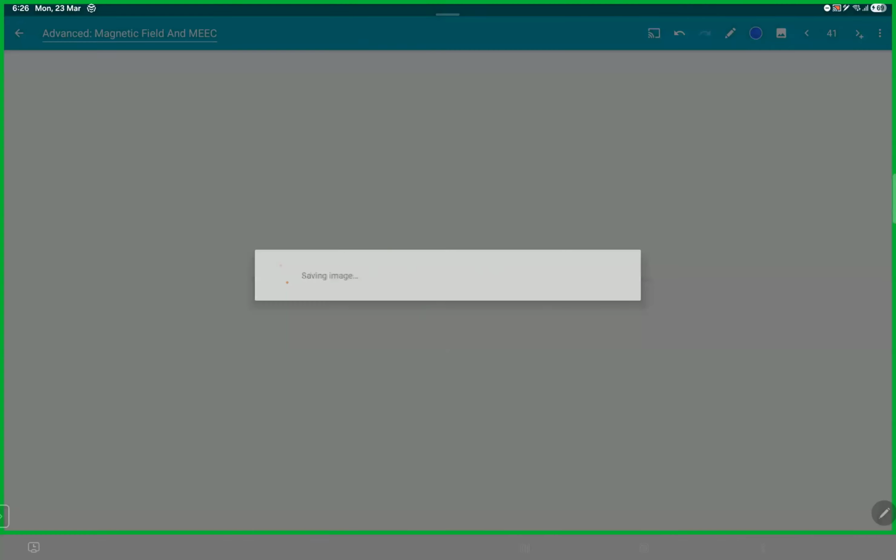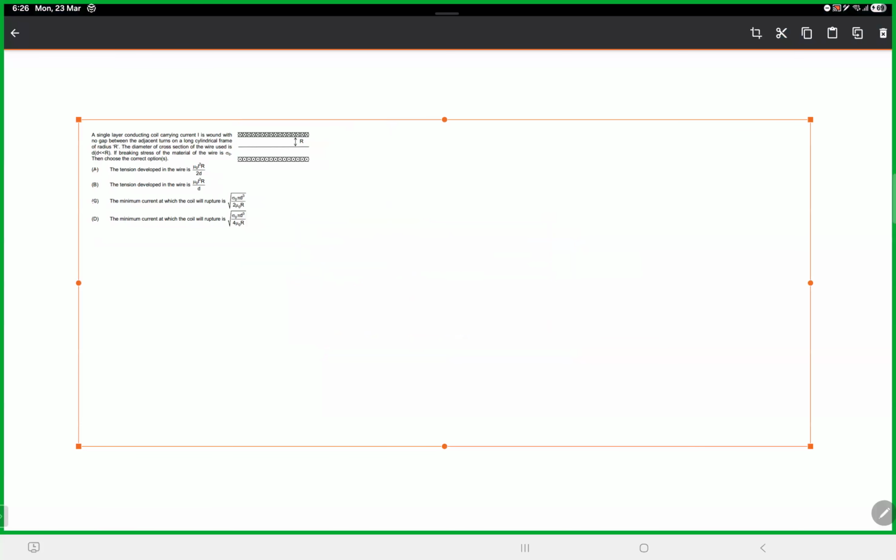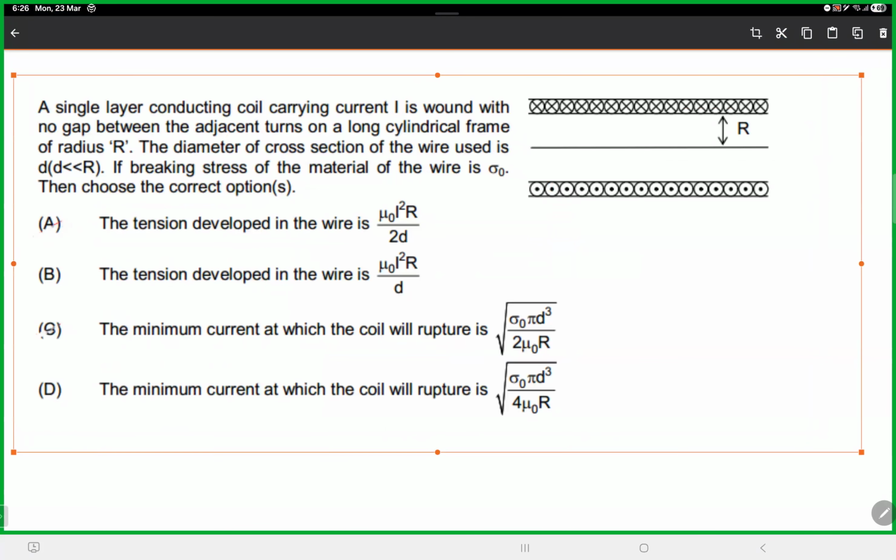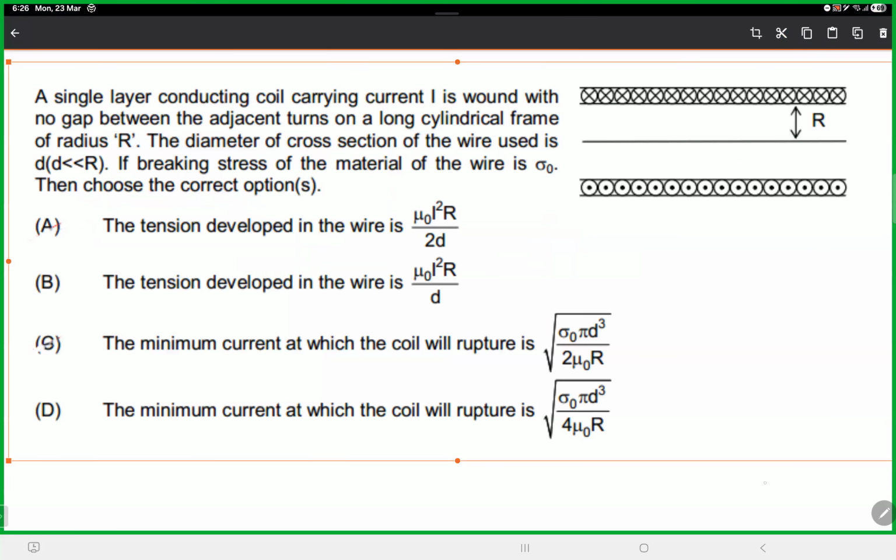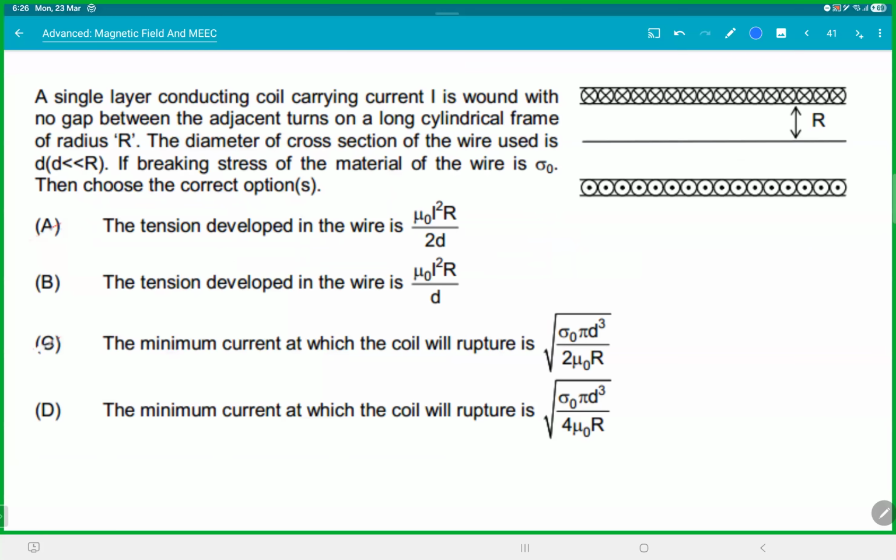Let's do this one. A single layer conducting coil carrying current I is wound with no gap between the edges and turns. The diameter of the cross section is there. So this is actually a solenoid. The actual figure is something like this.